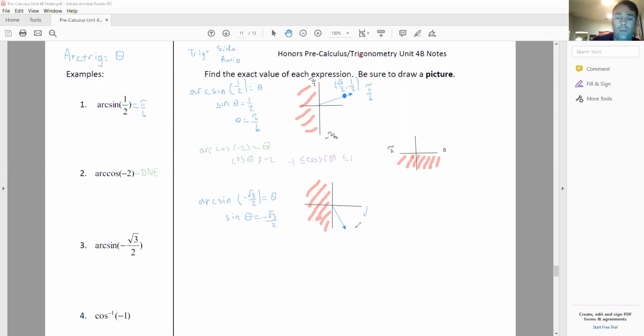The angle going backwards from 0 is -pi over 3. Again, -pi over 3 is coterminal to 5 pi over 3, but I need it to fall in my domain for arc trig. So theta is equal to -pi over 3. I can't call it 5 pi over 3. I've got to call it -pi over 3.